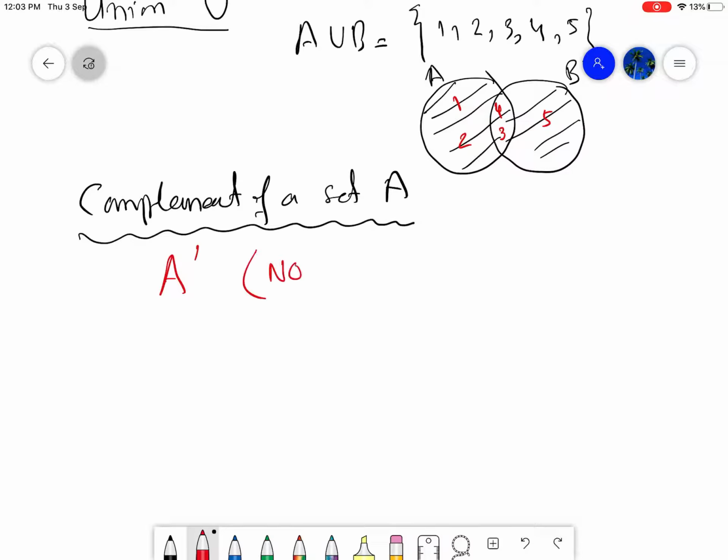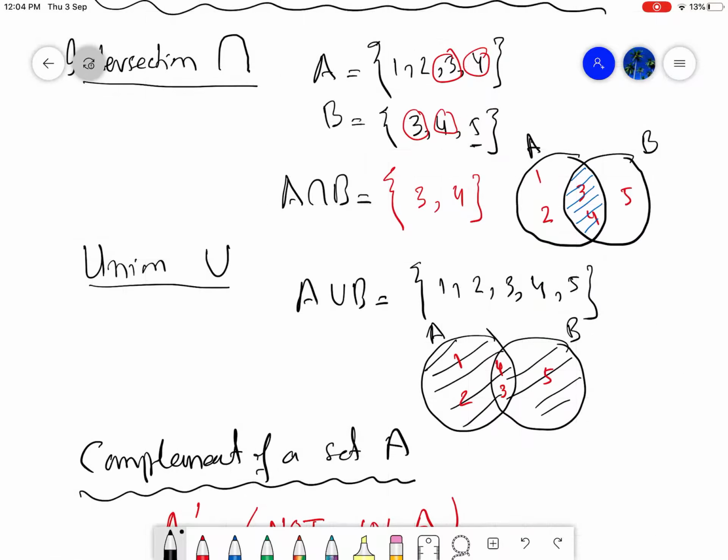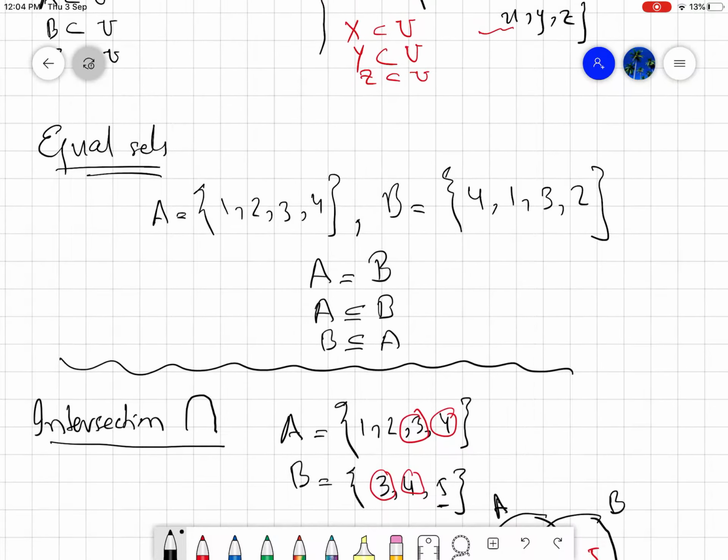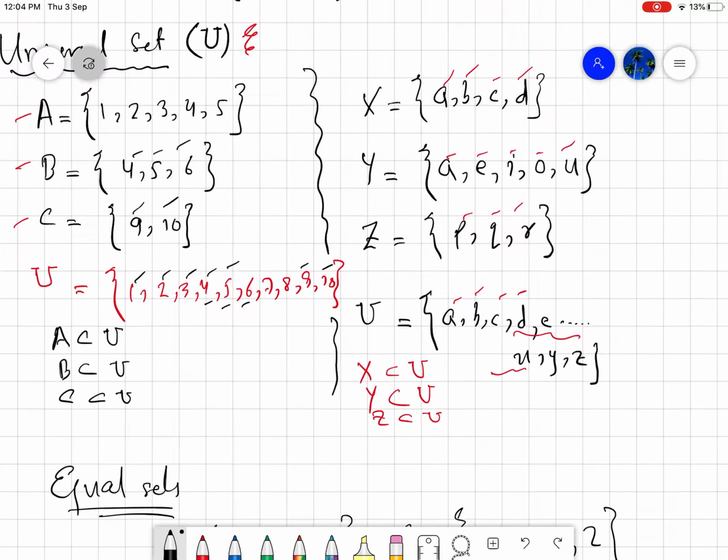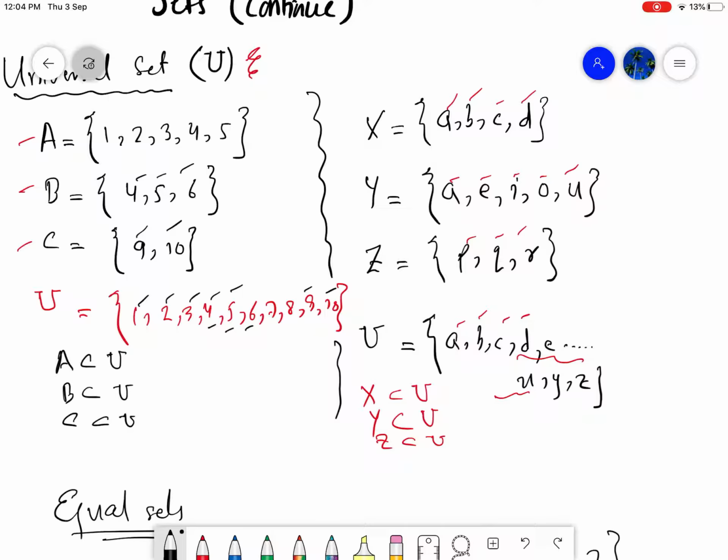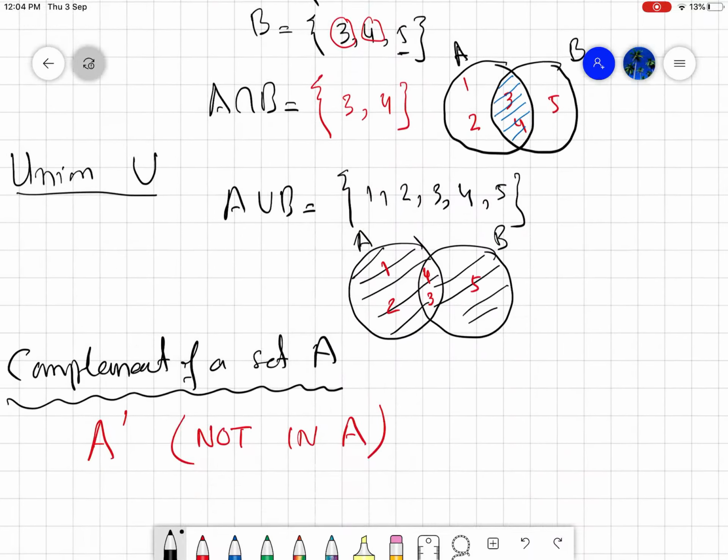It means not in A. So A dash means not in A. So basically, if you are given a universal set, and one more thing about universal sets I would like to tell you, is that universal sets are represented by a rectangle when you draw a Venn diagram, not a circle.